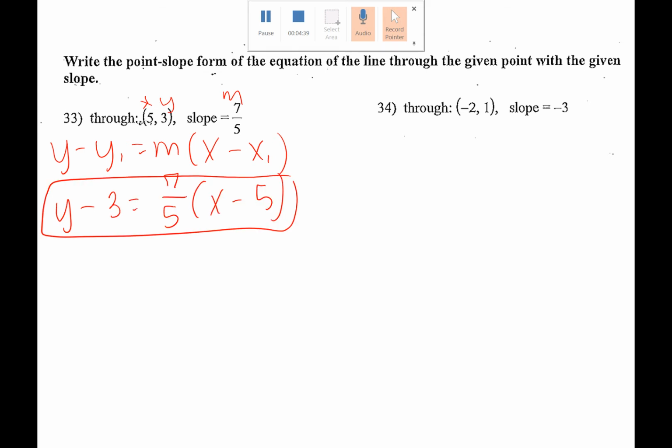Pretty easy there. Do have to be careful in number 34. When I do y minus 1, I can keep that the same. And then same thing for negative 3, but when I do x minus negative 2, it actually needs to look like x plus positive 2. So my final answer would be y minus 1 is equal to negative 3 parentheses x plus 2. Okay?